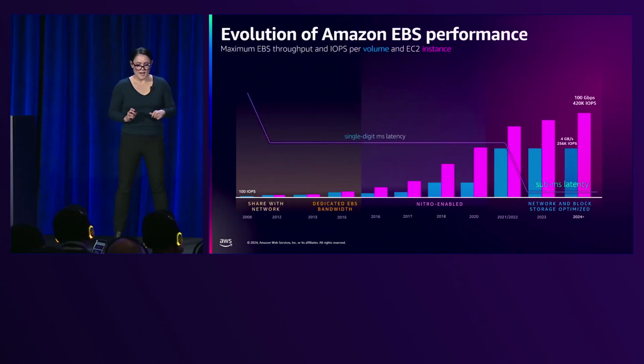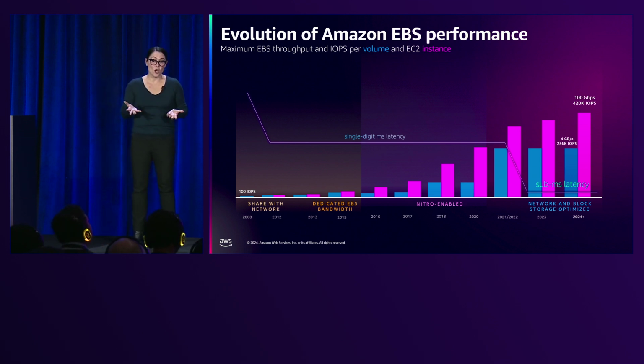So I'm actually celebrating my 10th year with AWS. I started my career as a little stick figure in 2014 when I was really excited about getting some dedicated EBS bandwidth. When EBS launched in 2008, you could drive only 100 IOPS on bandwidth that was shared with network traffic. Flash forward to today, and things have changed quite a bit.